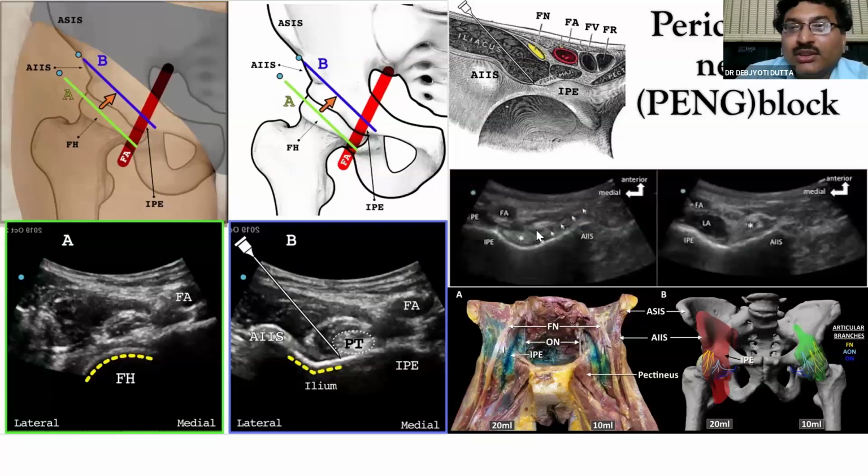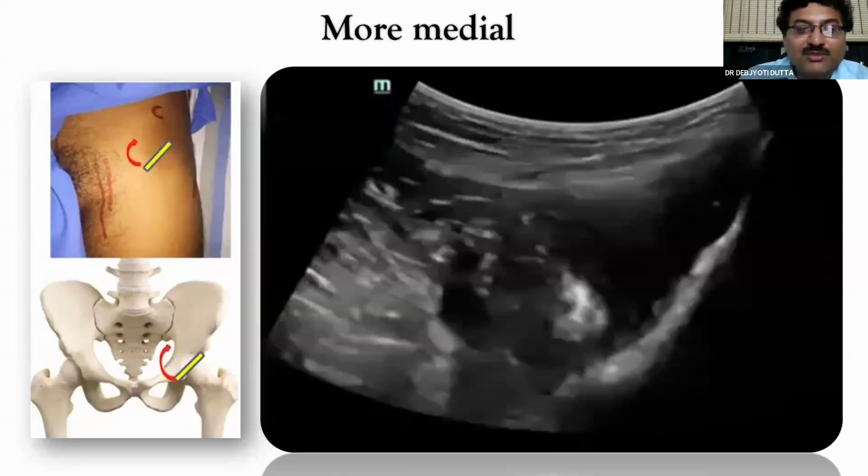The branches of the lumbar plexus will be moving from this area. In fact, you know much better about the PENG block, so I am not going into much detail of it.